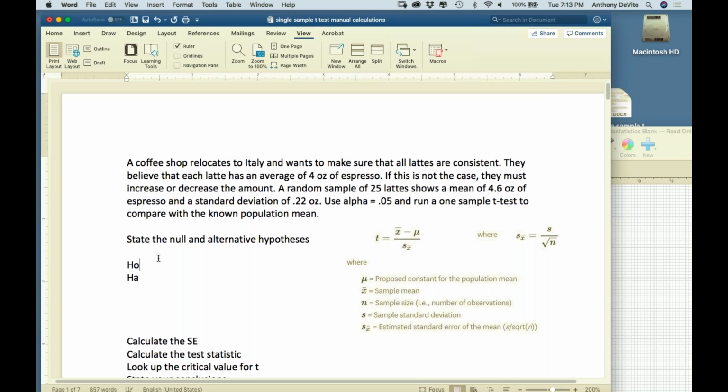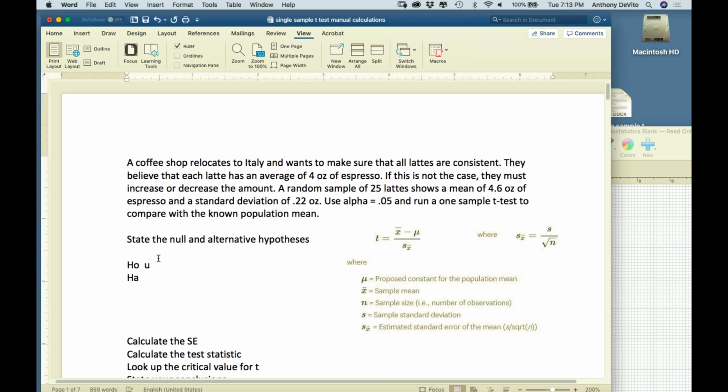First thing I'm doing is comparing a known mean, mu, to my sample mean. Now remember, in hypothesis testing, I know I'm only working with a sample, but in the hypothesis, I'm describing the relationship between the populations. So I always use mu, not X bar.